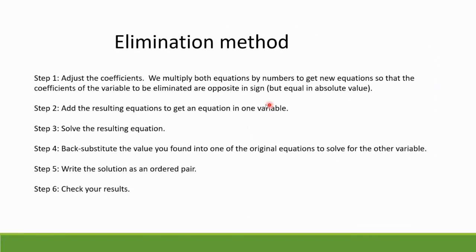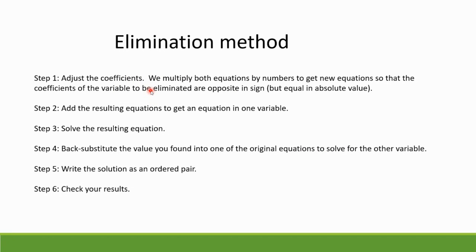So here, for instance, you're going to, as in step 1, adjust the coefficients. In other words, you're going to multiply either one of the equations or even both of them by numbers to get new equations, so that the coefficients of the variable that you're going to eliminate are opposite in sign.